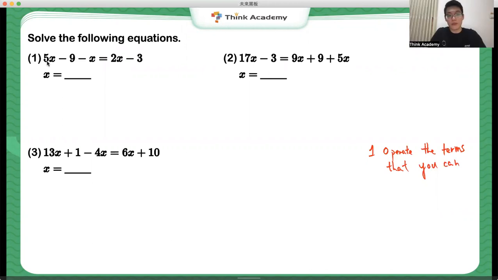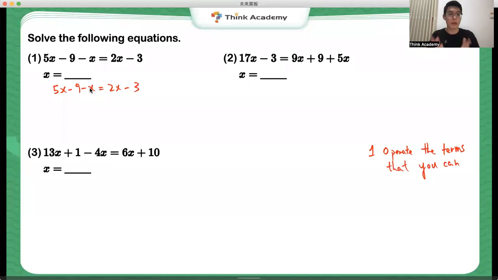So for example, in the first question here, I have 5x take away 9 take away x equals 2x take away 3. But before moving the x terms onto one side and the number terms on the other, first, I need to operate the terms that I can, which means that you can see that on the left-hand side, I have 5x, I have x, which means that I have 2 of these x terms.